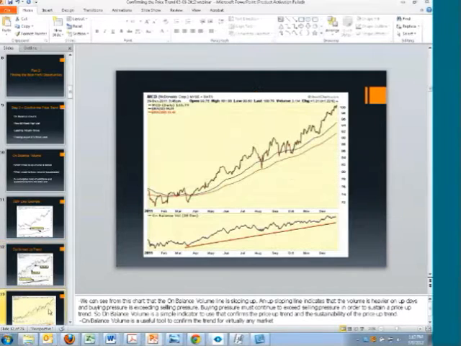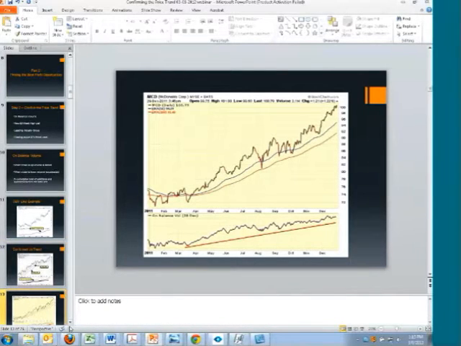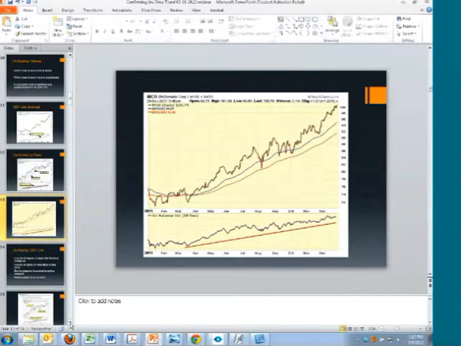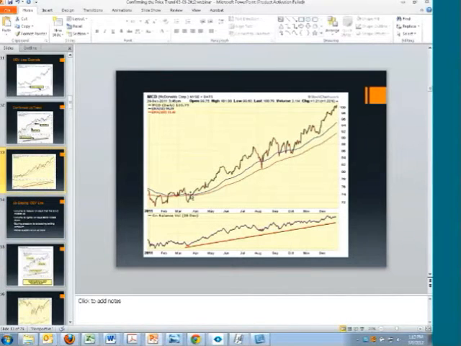Here's another example for McDonald's. Again, we have the daily price action, which is up, and the 50-day EMA above the 100-day EMA, and then this price uptrend is confirmed by an upsloping on-balance volume line.